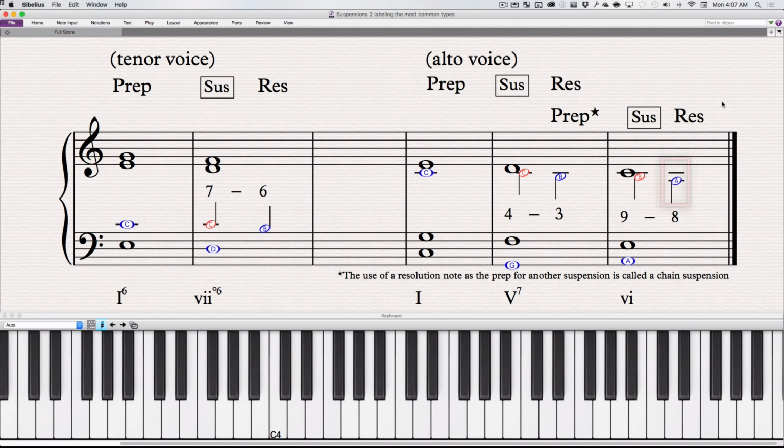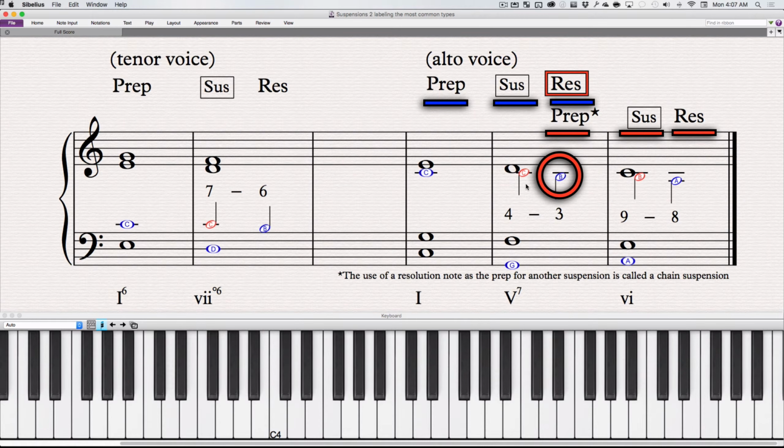You might have noticed something kind of strange there though. This B that I'm starting out with is actually the resolution of the previous chord. So I had preparation, suspension, and resolution.